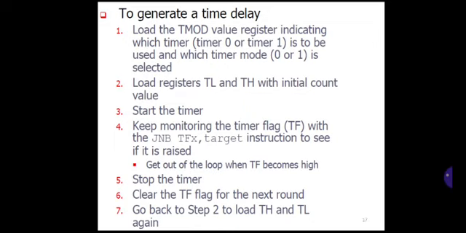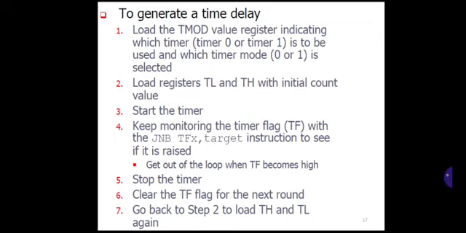Now we'll see how to generate a time delay. To generate a time delay, load the TMOD register indicating which timer, timer 0 or timer 1, is to be used, and which timer mode, mode 0 or mode 1, needs to be selected.